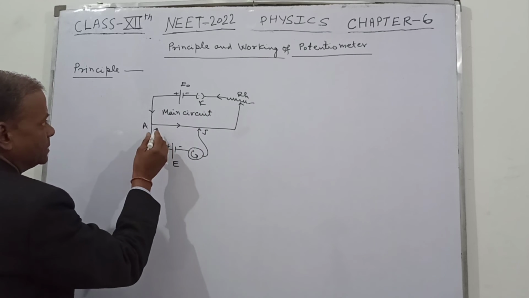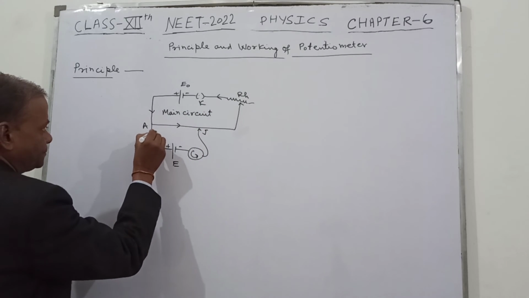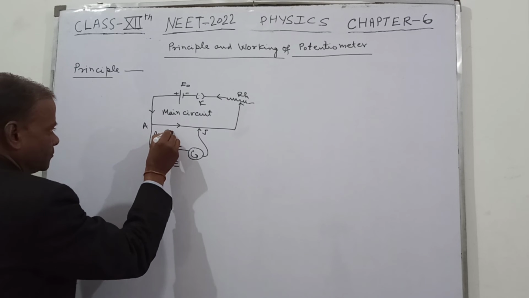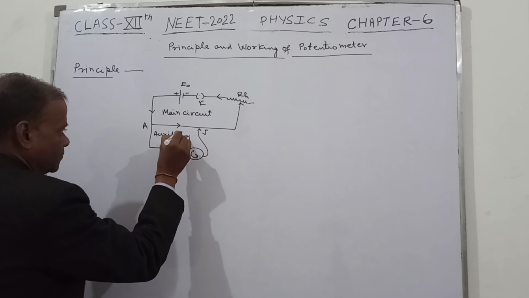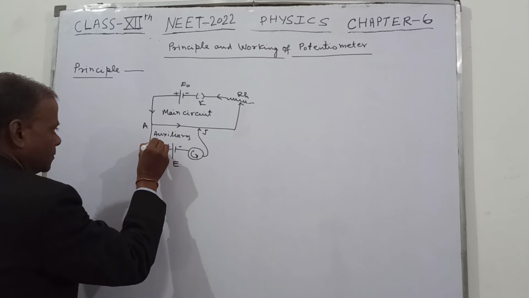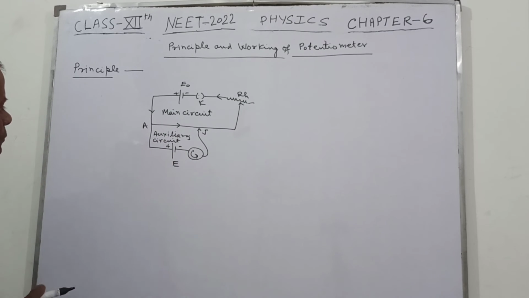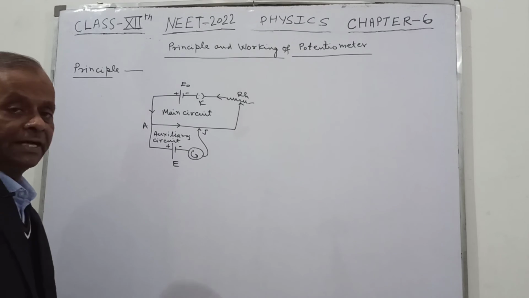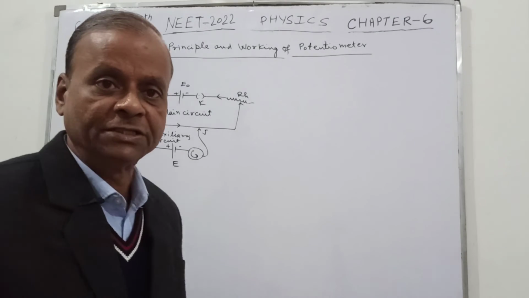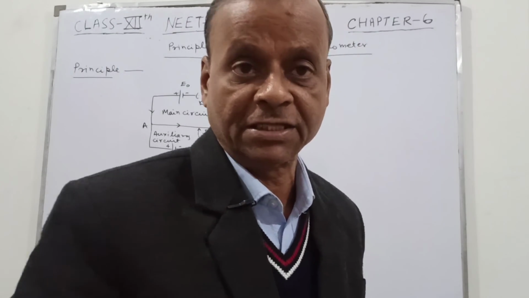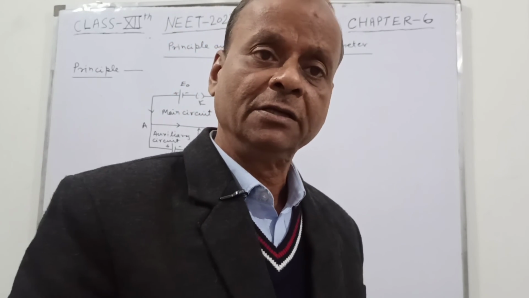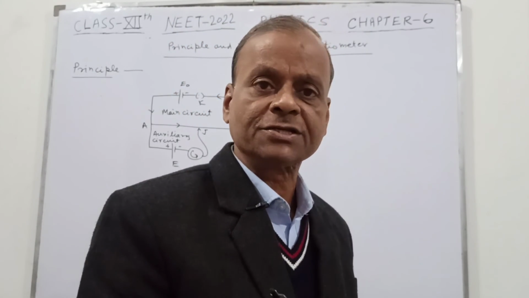This is the auxiliary circuit. And I also told you that whatever changes are made in the circuit, that is only in the auxiliary circuit. The main circuit remains always the same.